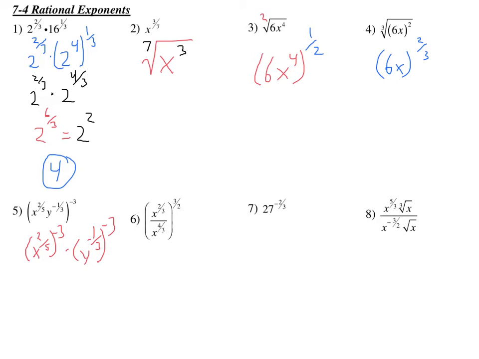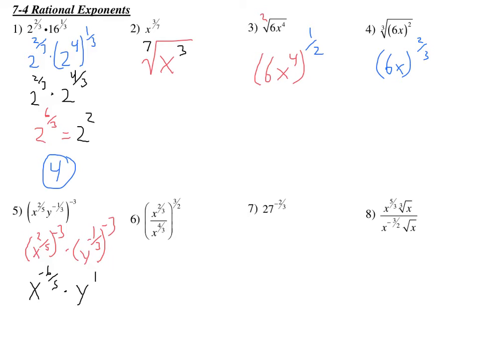Now again, when you take a power to a power, you're going to multiply them. So when you multiply 2/5 times negative 3, you get negative 6/5, times, when you multiply negative 1/3 times negative 3, you are going to get positive 1.